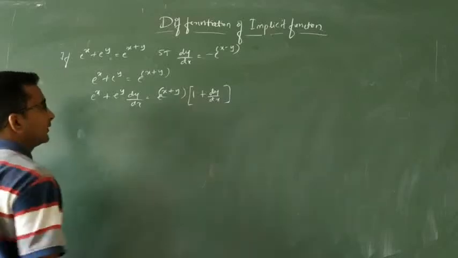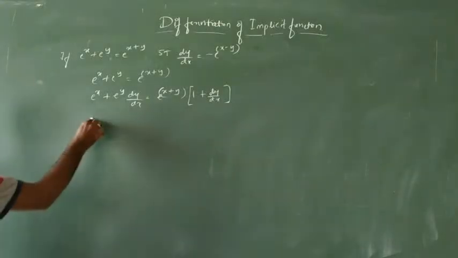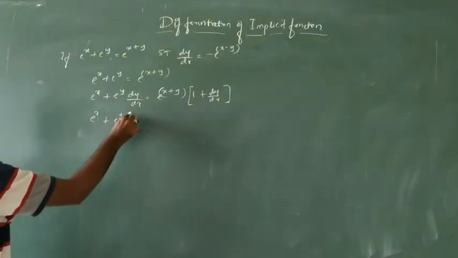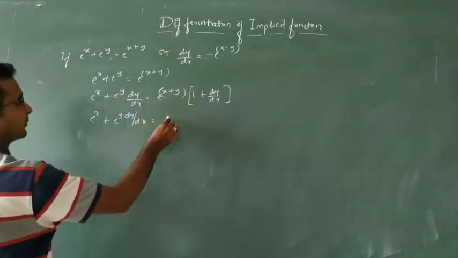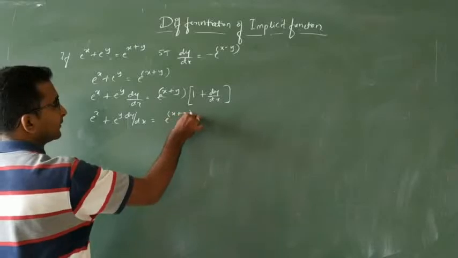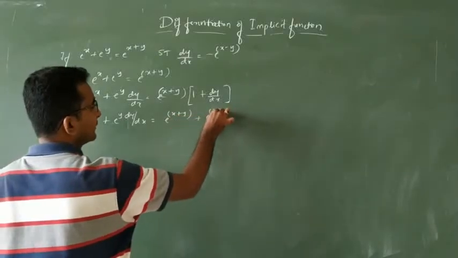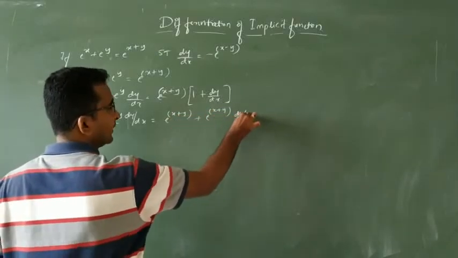E raised to x plus y, you can multiply inside the bracket. E raised to x plus e raised to y dy by dx equals e raised to x plus y plus e raised to x plus y into dy by dx.